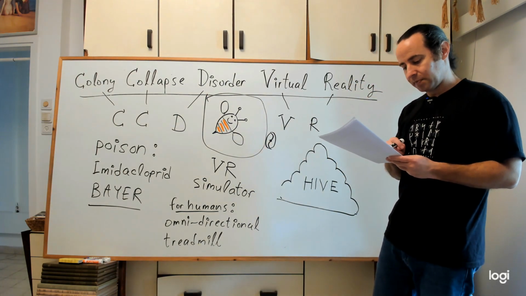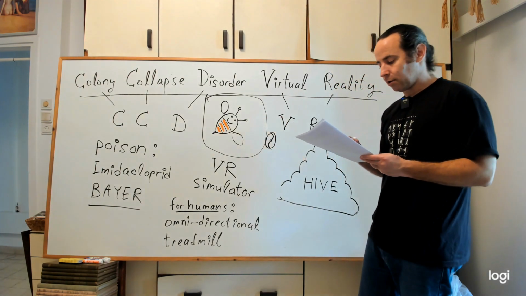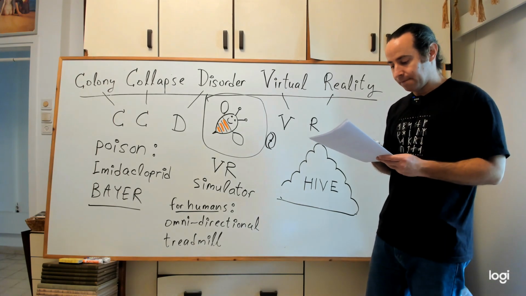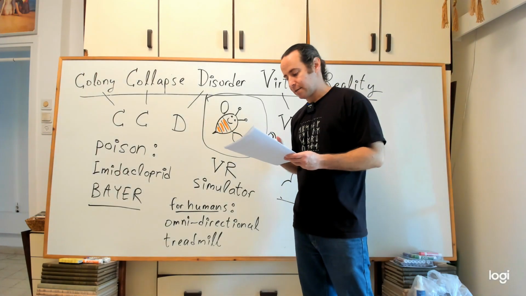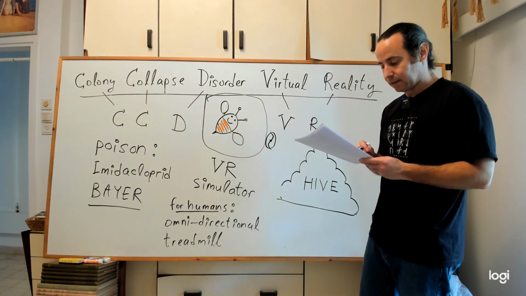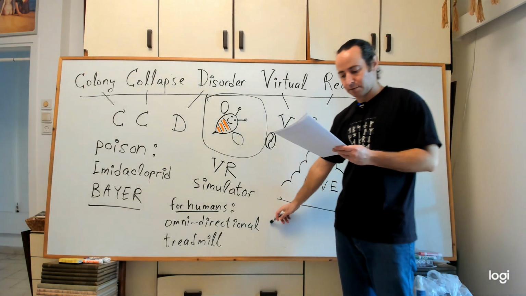So each wall will be able to push the bee as if the bee is flying into a wall of wind. The bee will feel itself flying through the air and progressing in that direction, while in fact the bee is really flying in the same place, just like a person walking on a treadmill.